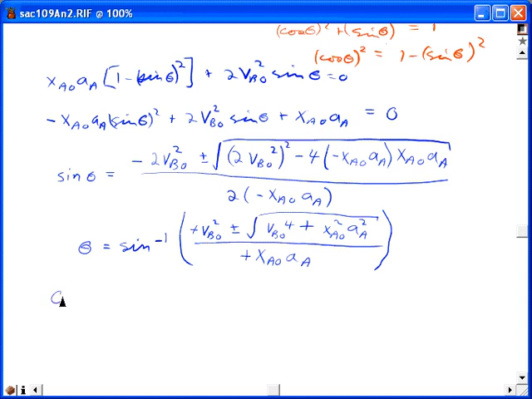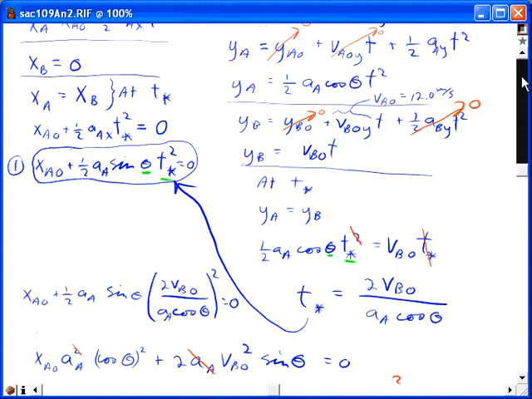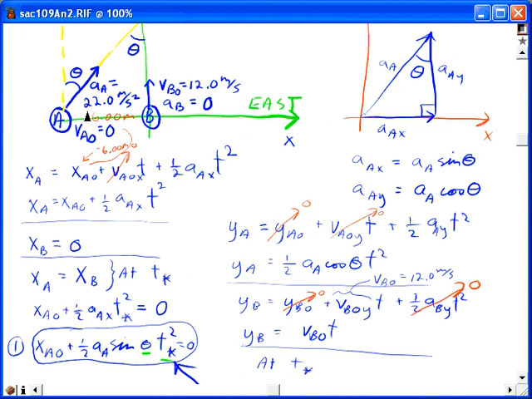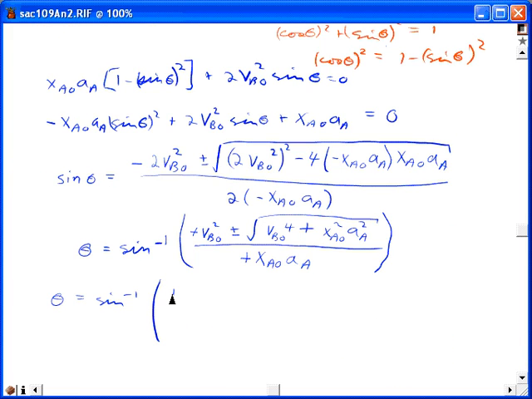At this stage I'm ready to substitute some values in there. So I got the arc sine of VB0 was 12 meters per second, and then the a sub A 22 meters per second squared.